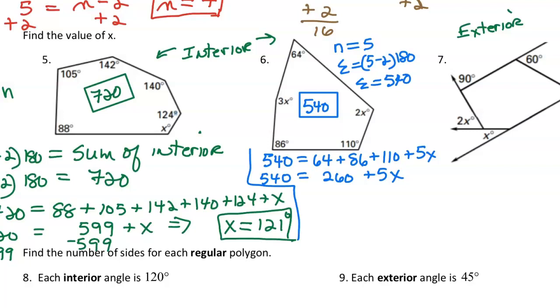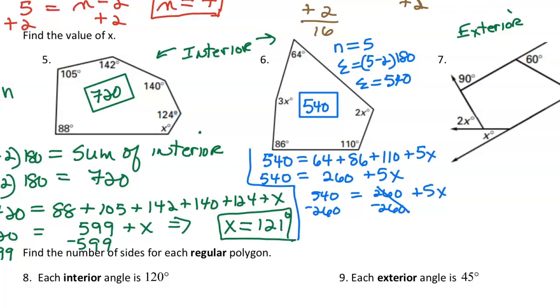Okay, so if I subtract 260 from each side, so I'm taking 540 minus 260, so that, and I have 260 minus 260 plus 5x. This is now gone. 540 minus 260. What is that?